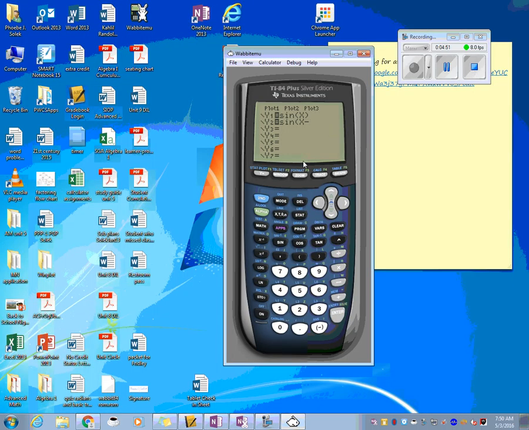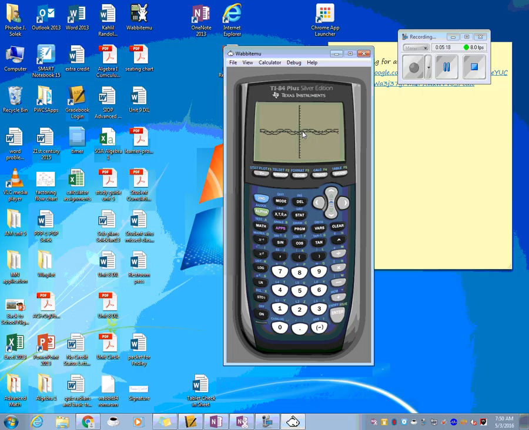I'm putting it in just like you see it, so that you don't have to do much thinking at all. So I wanted to see what this graph looks like. So I know that's the original. Look at what that's doing. That's shifting to the right 45 degrees, isn't it?